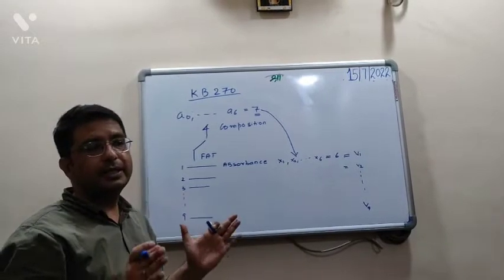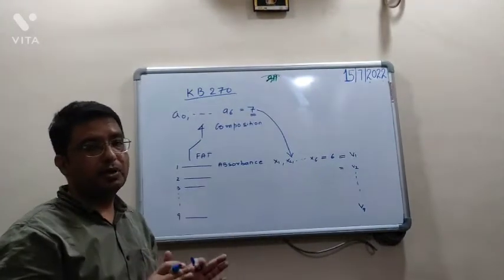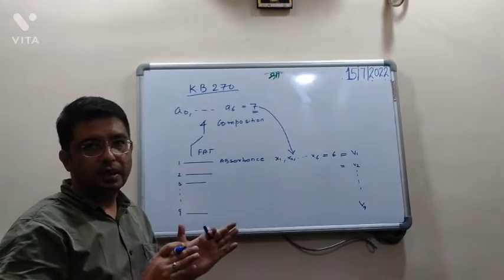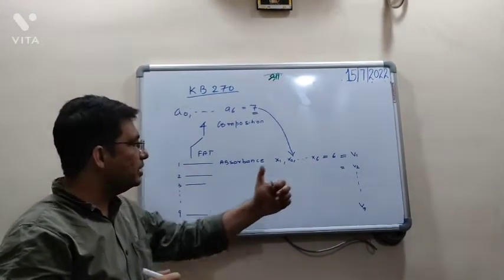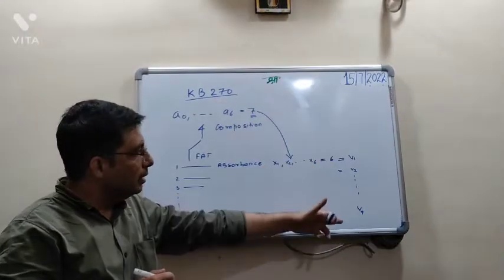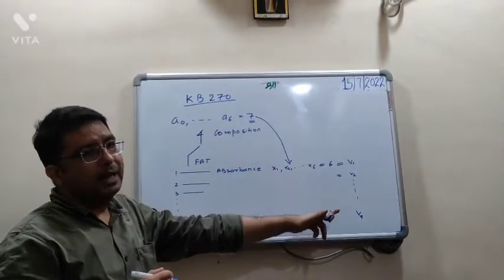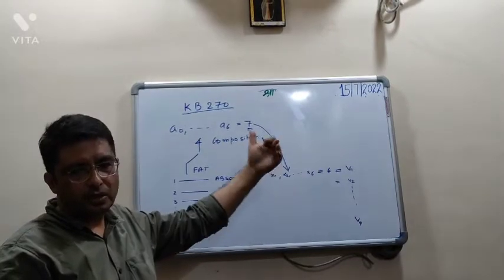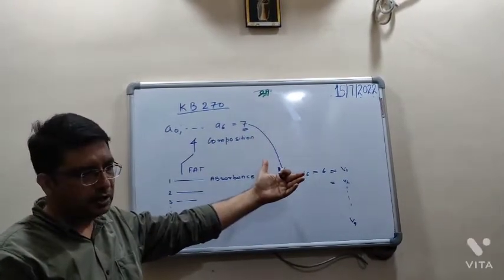So we cannot say that it is correct. It may not be. You're getting my point or not? So V1, V2 up to V9 are what you can call the actual values.